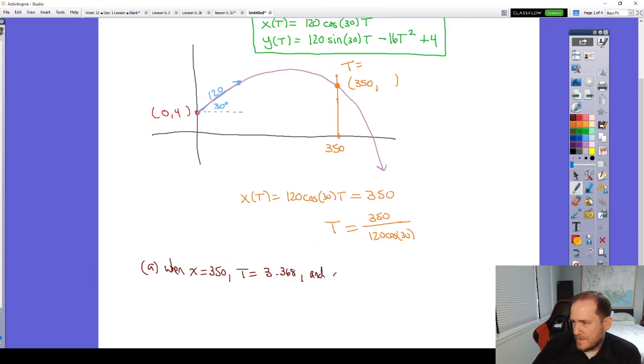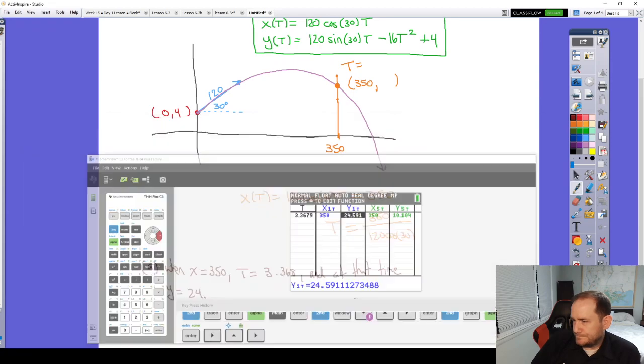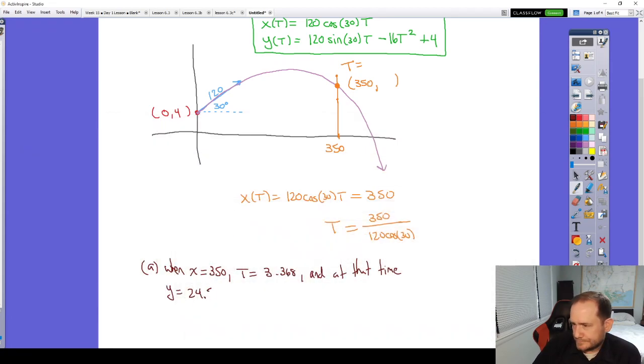And at that time, y equals 24.591, which is less than 30 feet, so the ball will not go over. That's what I want to see.